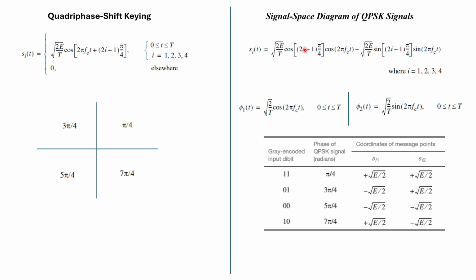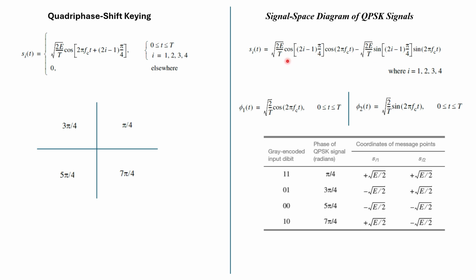So when i is equal to 1, cos of pi by 4 is 1 by root 2. Similarly here, sin of pi by 4 is 1 by root 2. When i is equal to 2, 4 minus 1 is 3 pi by 4, cos 3 pi by 4, here also sin 3 pi by 4.